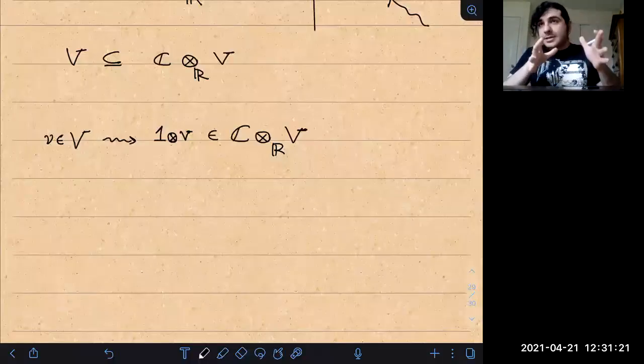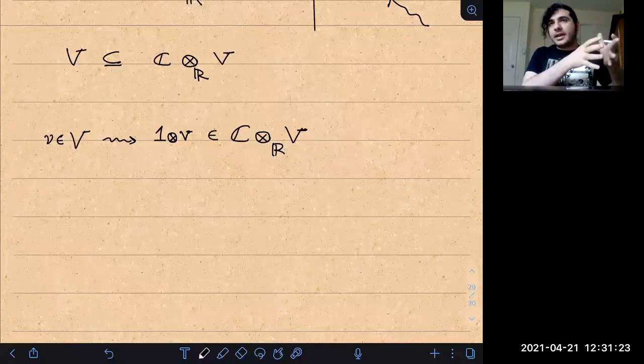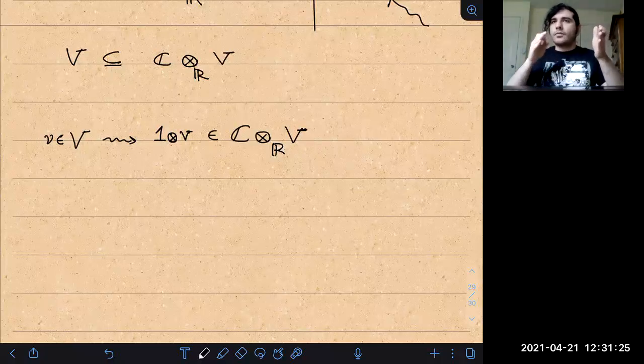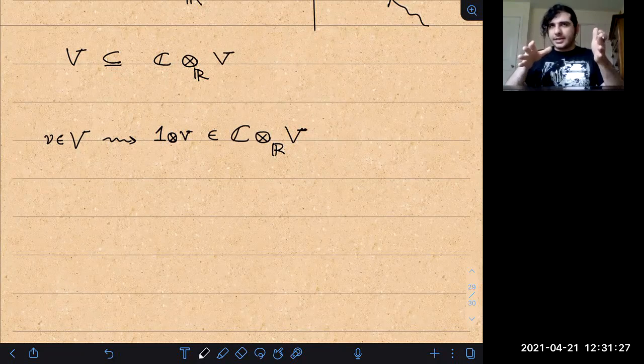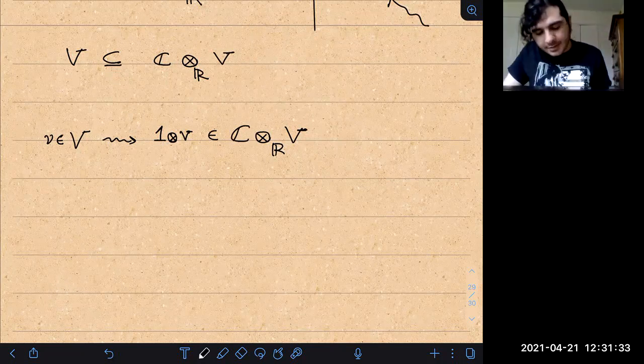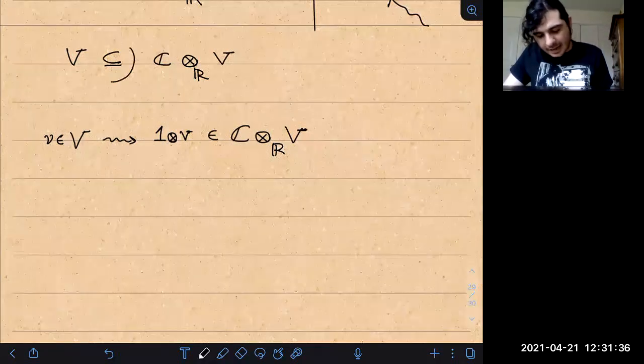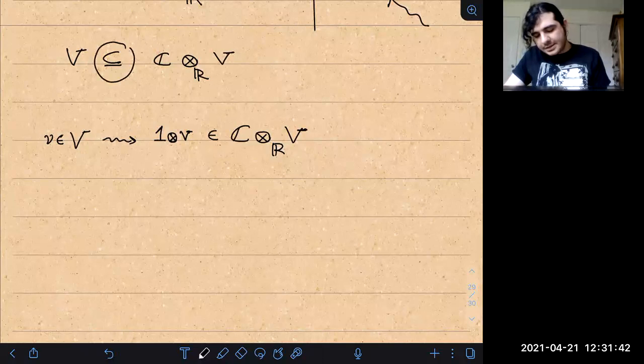So it looks as any element inside V has a copy inside this vector space, right? This is actually the kind of inclusion we have in mind. This is not exactly correct. The thing which is correct is that V is almost the same as, well, what is V?